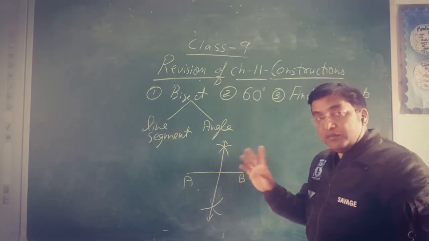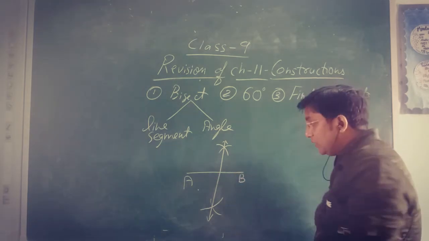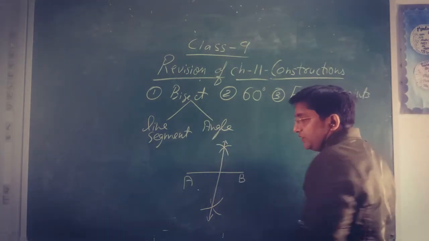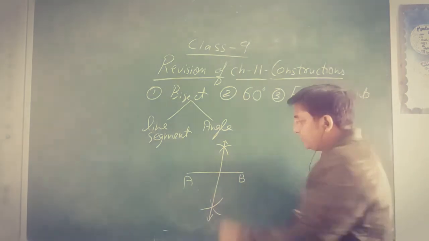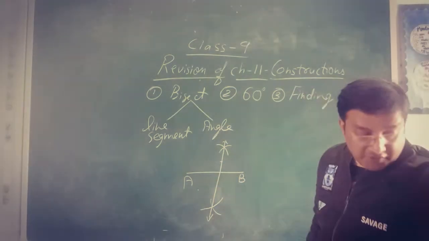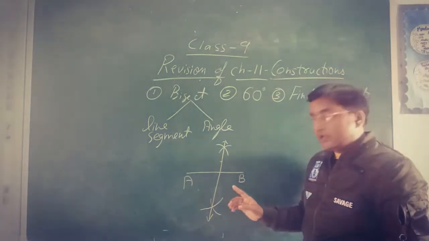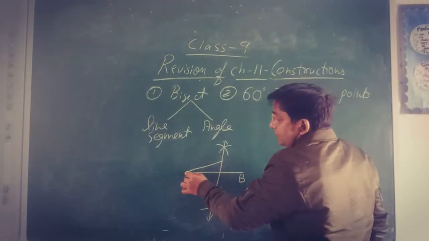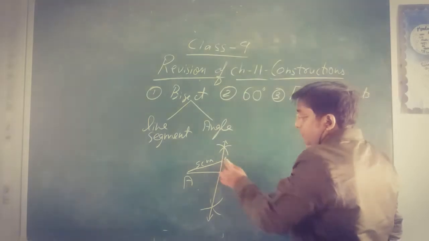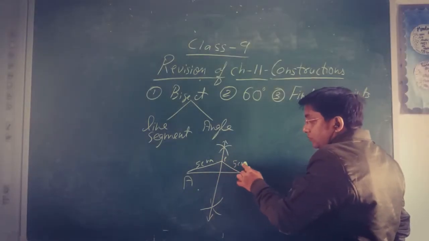And one more thing I'll tell you: since I'm taking you through the bisector, there is a very important property of this. If you take any point on this bisector, anywhere you want, let us take P here, this point will always be equidistant from the corner points. Suppose it is 5 cm from A, then it will be 5 cm from B also.